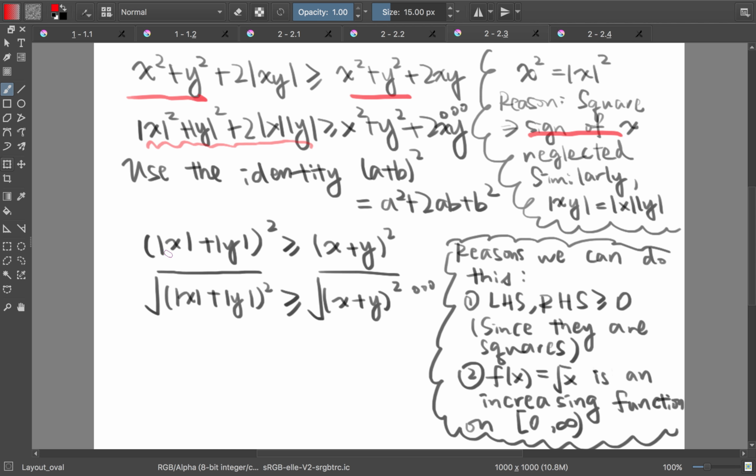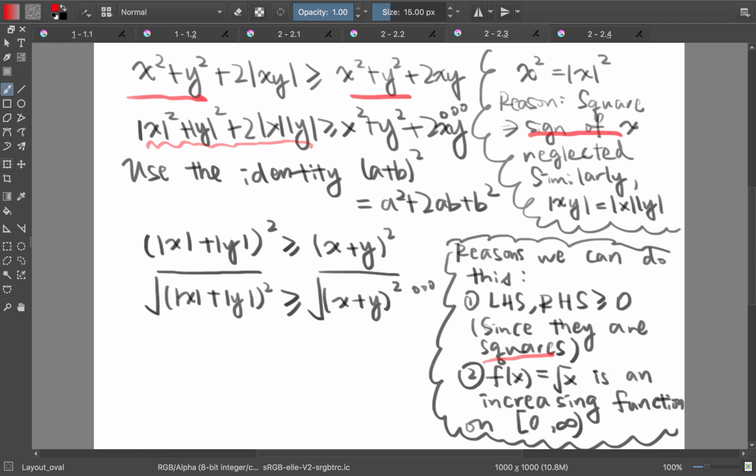And the next step is that we take the square root of both sides. But we should explain why we can take the square root of both sides. The reason is that first, the left-hand side and right-hand side are greater than or equal to 0 because they are squares. So, we are allowed to take the square root.